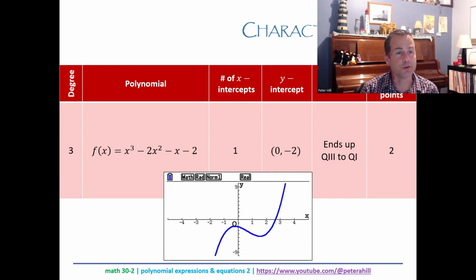So what I want you to notice is that I always have 1 less turning point than the degree of the polynomial. So if I had a 10th degree polynomial, which by the way, we won't do to you in 30-2, so x to the 10 was in my equation, I'd have 9 turning points. There's always 1 less turning point than the degree of the polynomial.